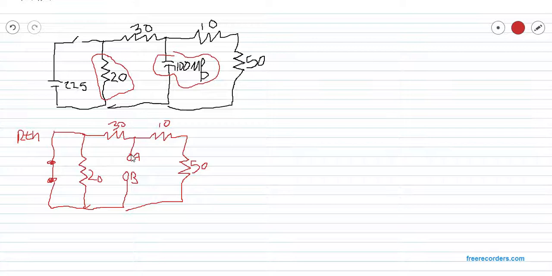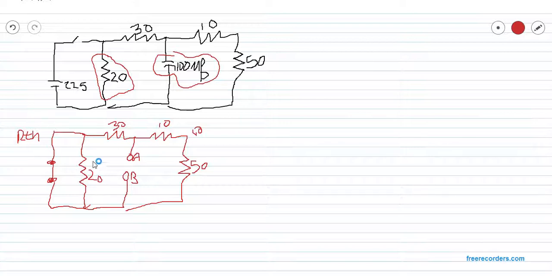So to find Rth, which is what we're doing right here, we're going to follow this path from A to B. A goes through 10 and then 50, so that combination of course is 60. And then this path goes from 30, and then it can go through 20 or it can go through the short circuit, but since it's going to find its path of least resistance, it's going to go around that 20 ohm resistor.